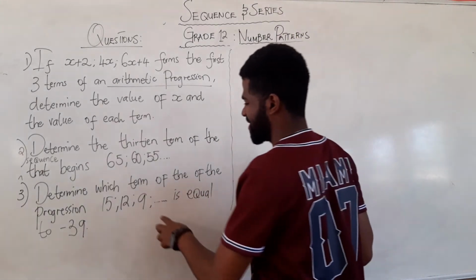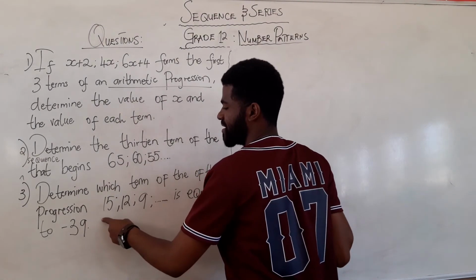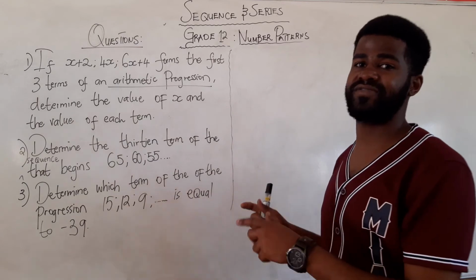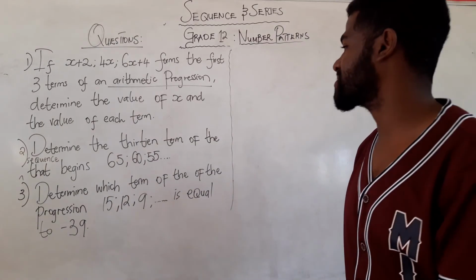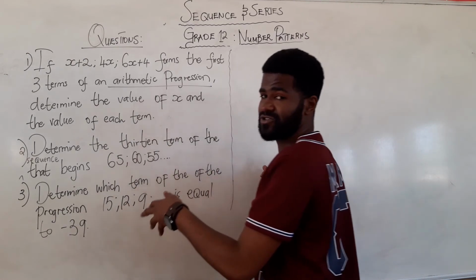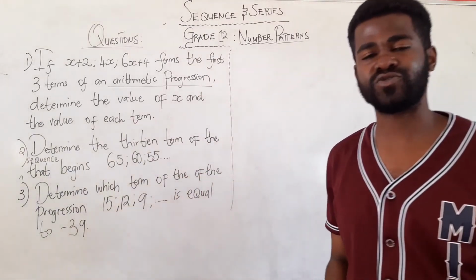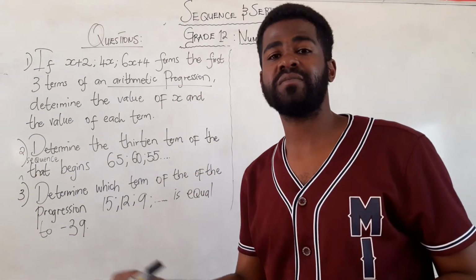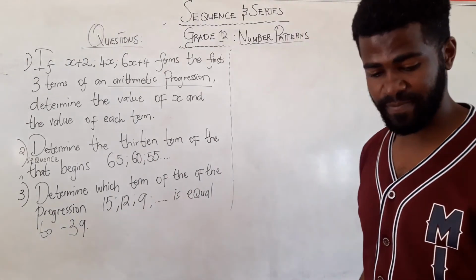I'm sorry. 12 minus 15 is negative 3. We have a common difference. Therefore, this type of progression is an arithmetic sequence or linear sequence. But if we divided 12 by 15 and 9 by 12 and they gave you the same ratio, it would be a geometric sequence. But we'll do more geometric problems as time goes by.